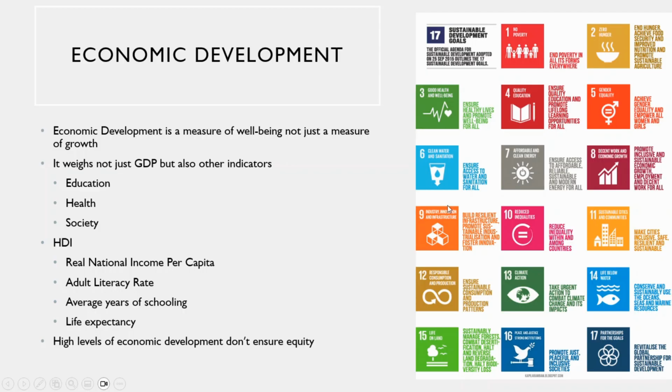And if you look right here, we have the United Nations Sustainable Development Goals. You do actually need to know these for the IB exam. We've done a project on them, but you do need to know these goals. These are the 17 goals that the United Nations has put forward for countries for development.